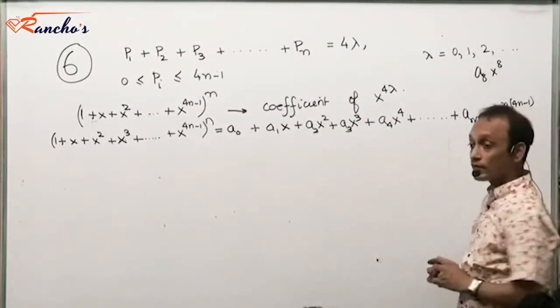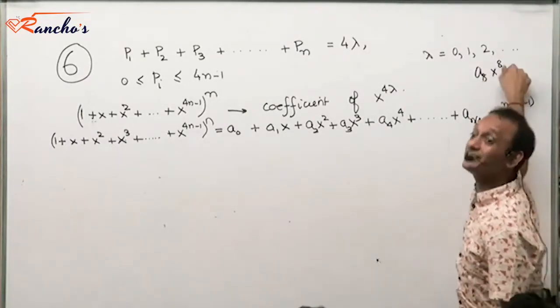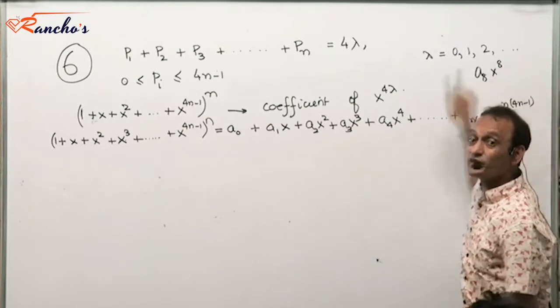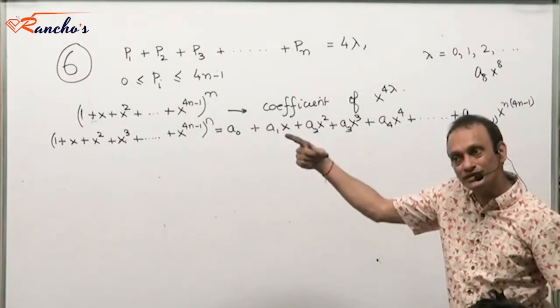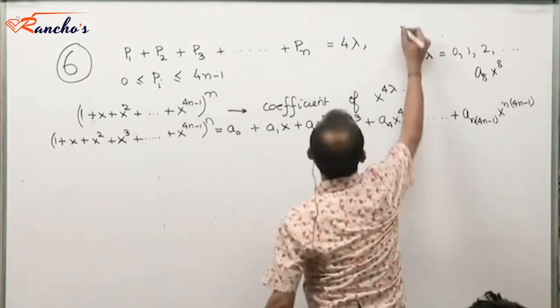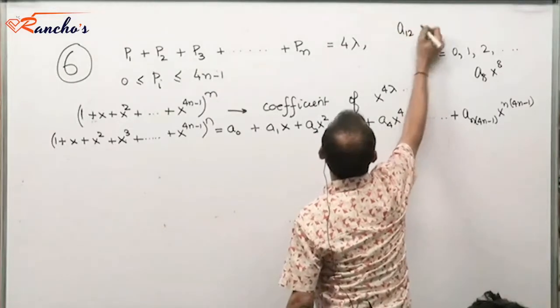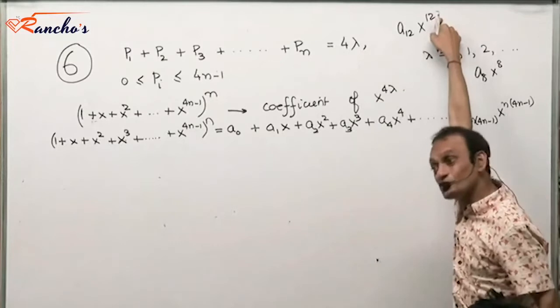This a8 would represent what? The number of ways in which 8 things would get distributed. A12 would mean what? The number of ways in which 12 things would have gotten distributed. If I had a term like a12 x power 12, then a12 would represent the number of ways in which 12 things would get distributed.